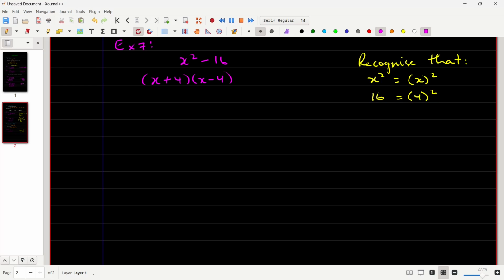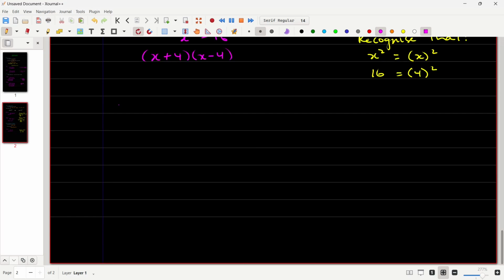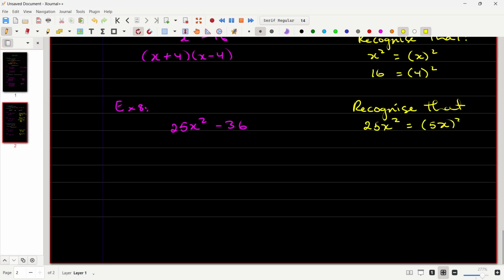Let's say, for instance, we have a bigger one. Example 8. Let's say 25x squared minus 36. And we say recognize that 25x squared is the same as saying 5x to the second power, and that 36 is equivalent to 6 squared.